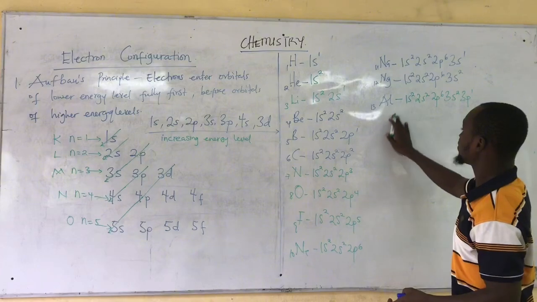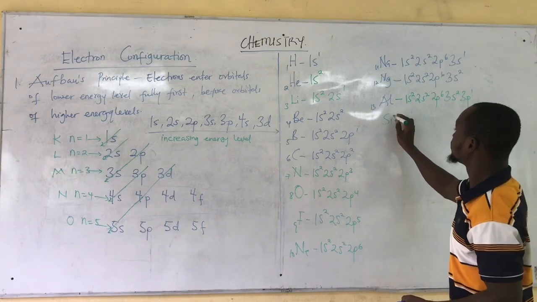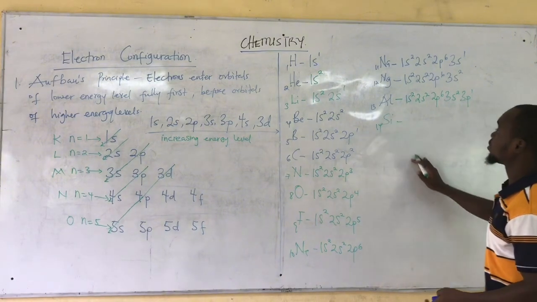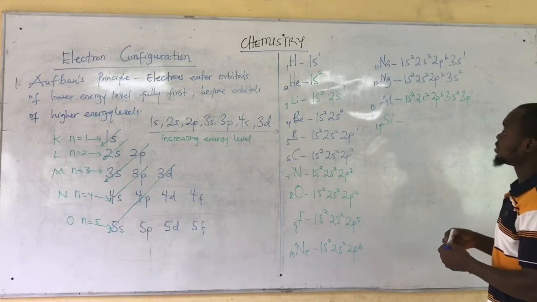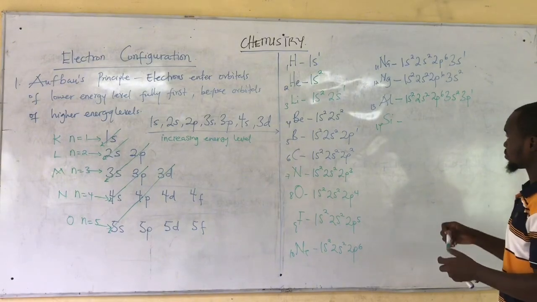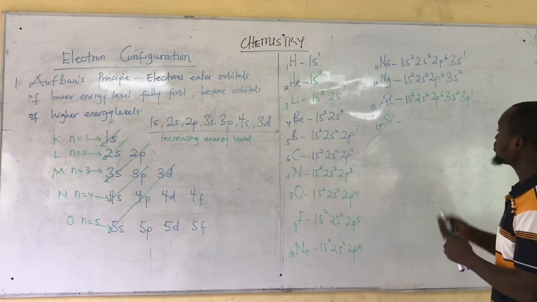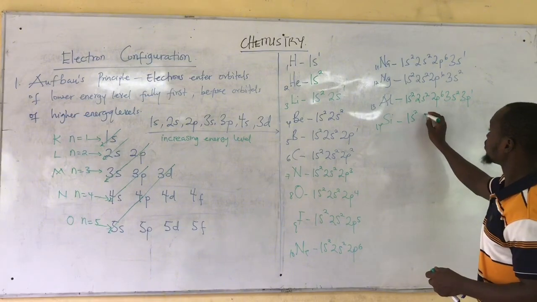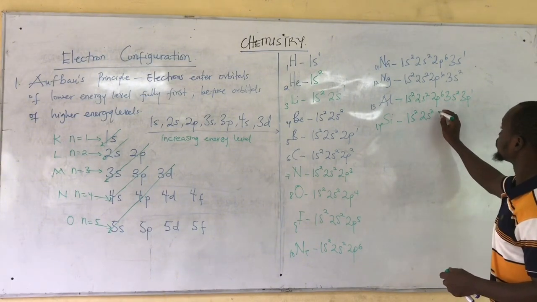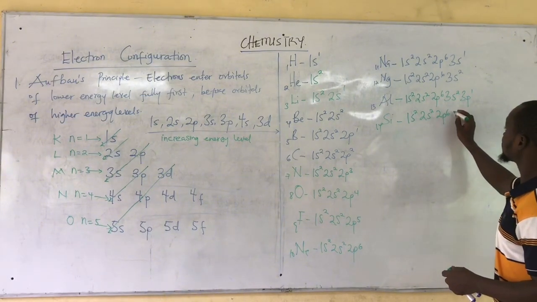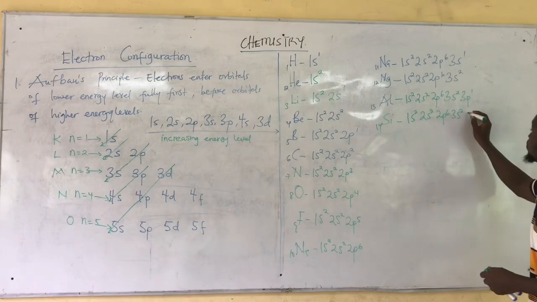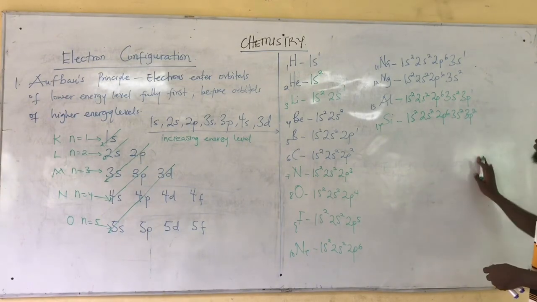Now move on to the next element. Silicon, atomic number 14. 1s2, 2s2, 2p6, 3s2, and then 3p2.